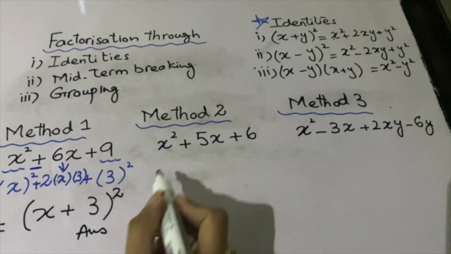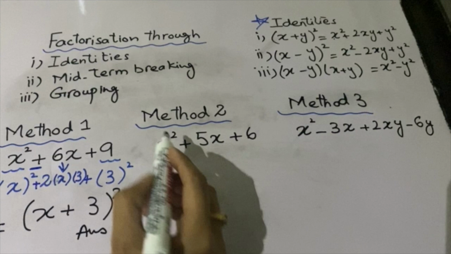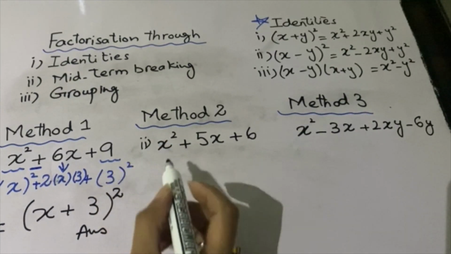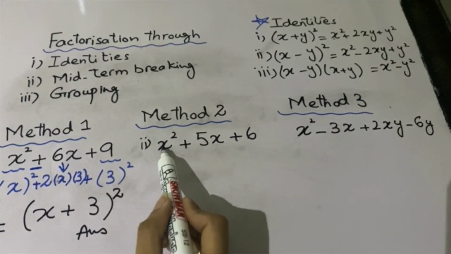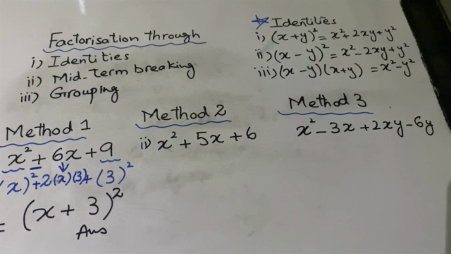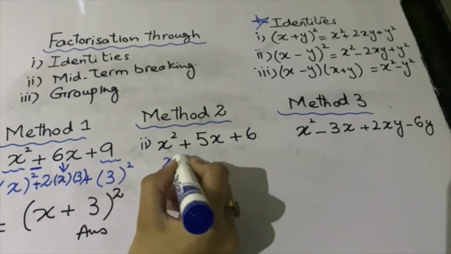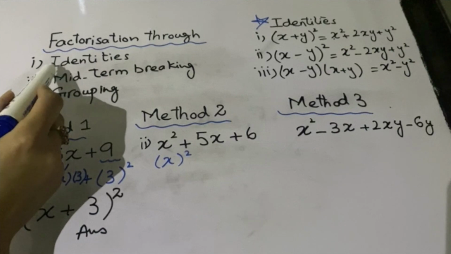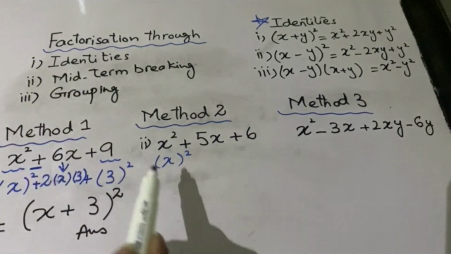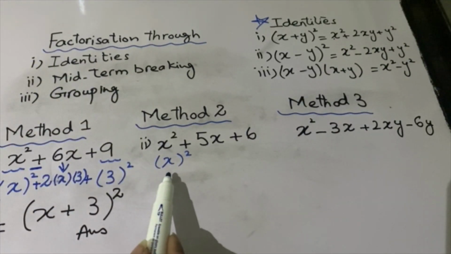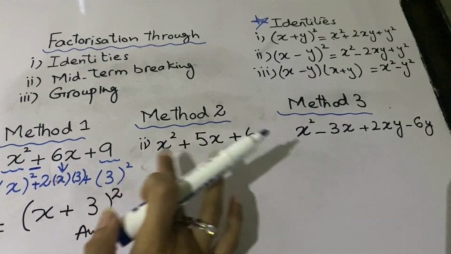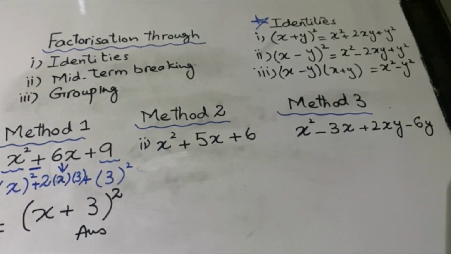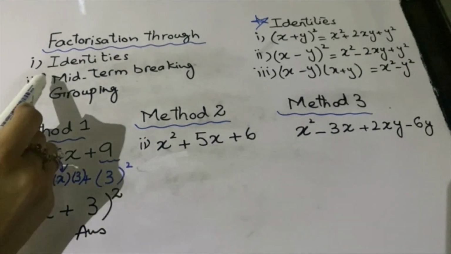Now come to this second part. This is question number 2. Now if you see, this is x square, a perfect square, perfectly fine. But 6 is not a perfect square. So we cannot apply the first method here. You cannot apply any identity. So I have to choose between these two methods.